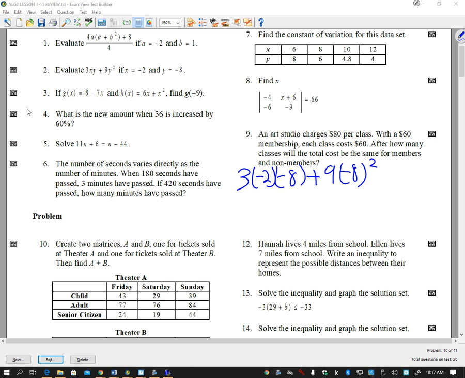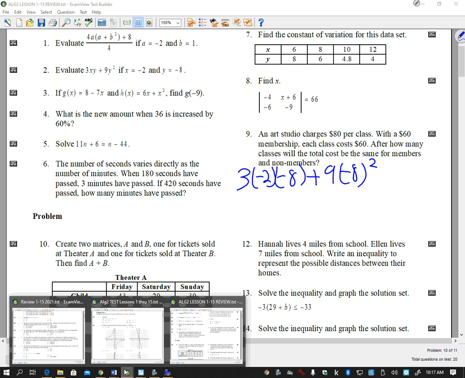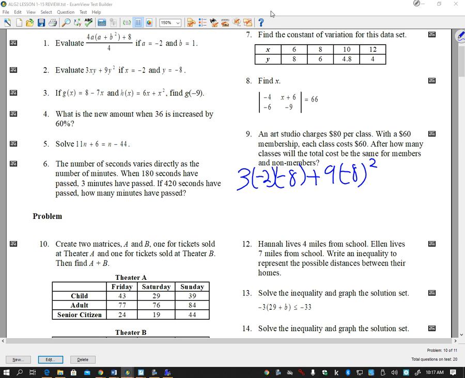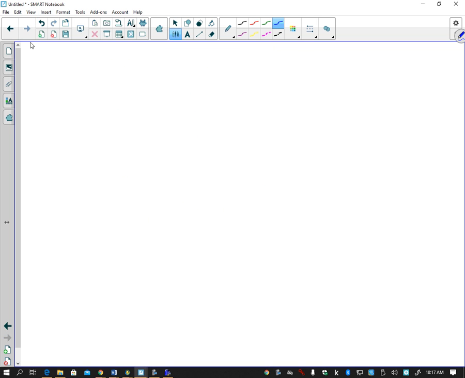Let's see. I want to pull up the actual test and see. Hold on. Okay. Let's see. Okay, so there's that one. All right. Here's a question that I want us to look at. The question is writing and graphing an inverse variation.